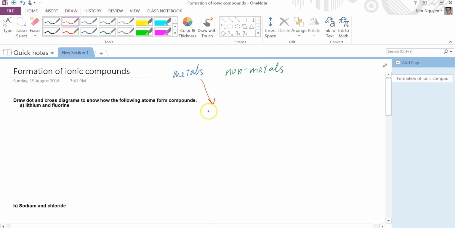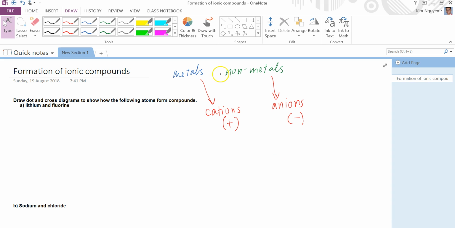There's a couple of things that we should note. Metals, we know, form cations pretty much exclusively, whereas non-metals form anions. So the cations are the positively charged ions and the anions are the negatively charged ions. So with these metals and non-metals coming together, there is what we call the transfer of electrons.